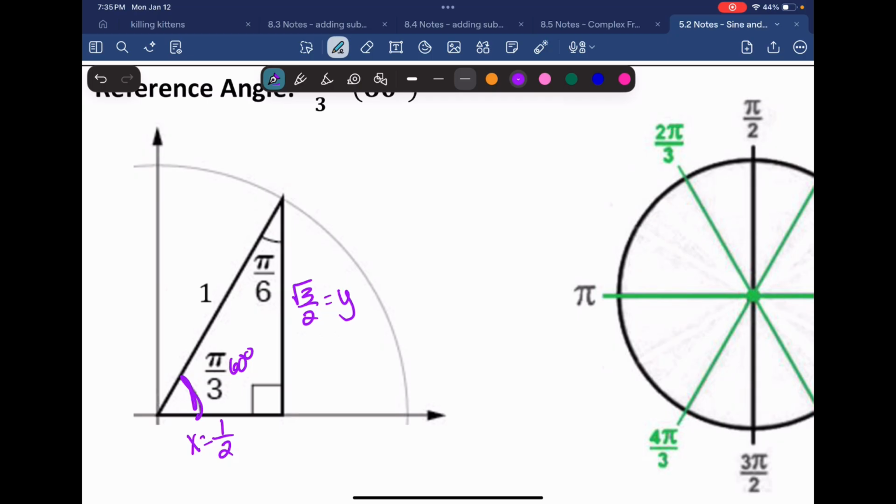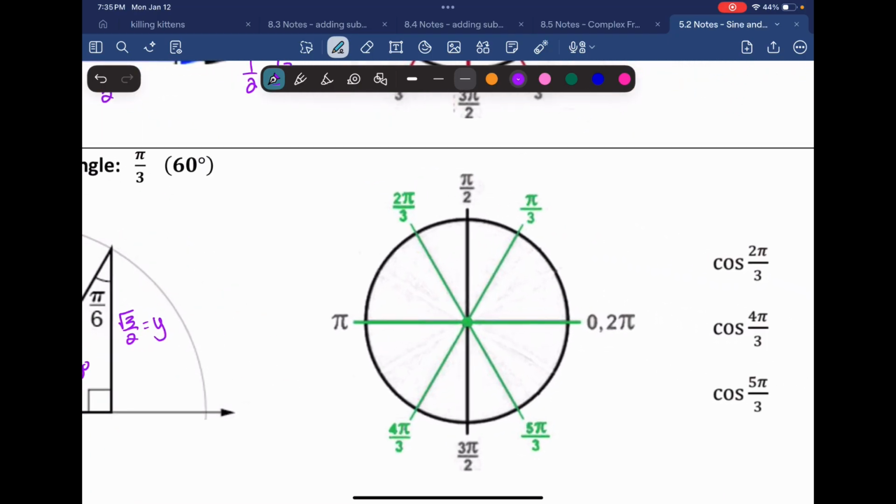All right, so in pi over 3, x and y are both positive. So 1/2, root 3 over 2. Quadrant 2, x is negative, y is positive. For all of our reference angles here, pi over 3.